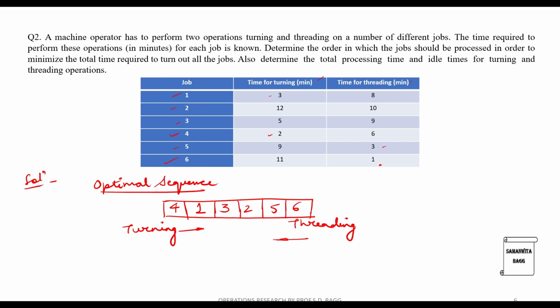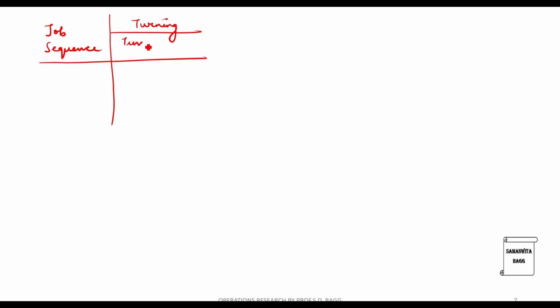Now I will draw the table. The first thing to write is job sequence. Then we have turning. For turning, we need to know the time in, the time out, and the idle time over here.